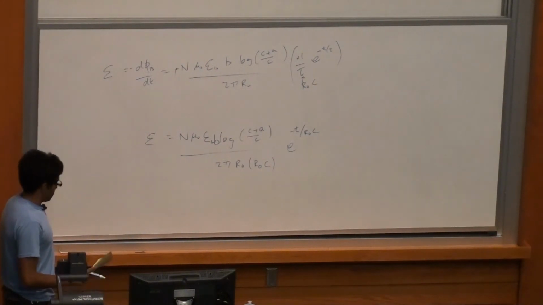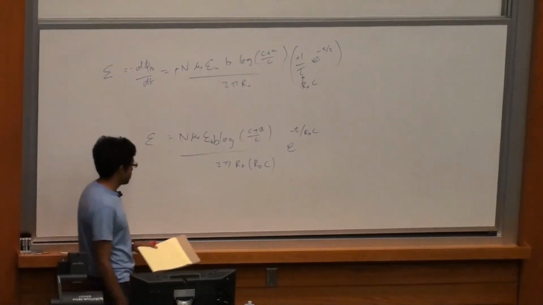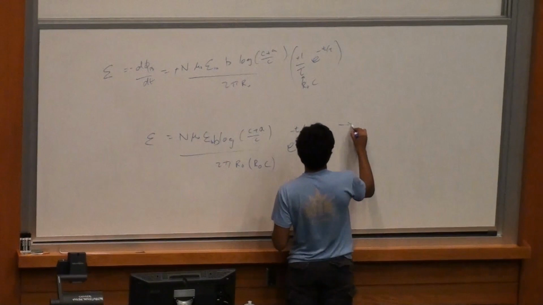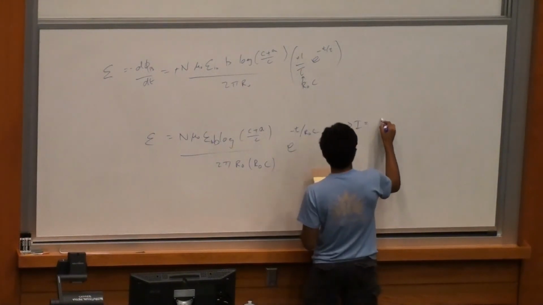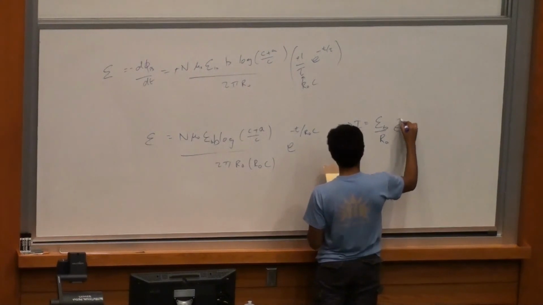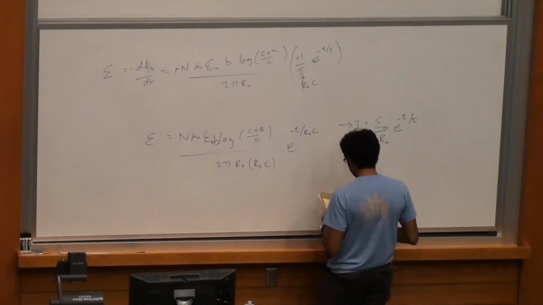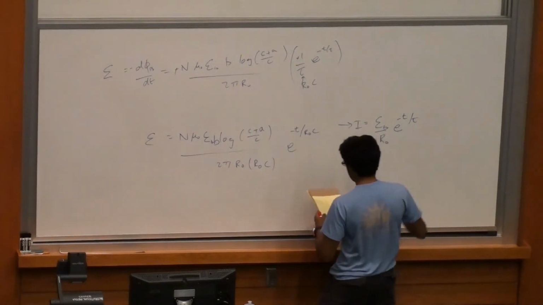Yeah, so the B is still there. Now I have my EMF. I need to come up with what my current is. So my induced current is going to be I equals epsilon B over R naught e to the negative t over tau, because it's an exponential function.